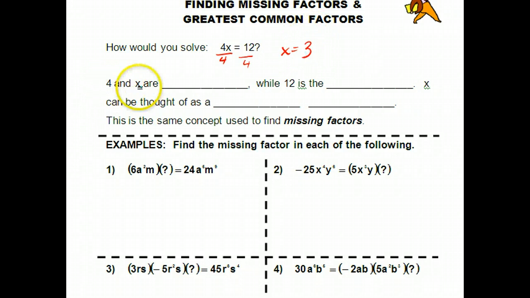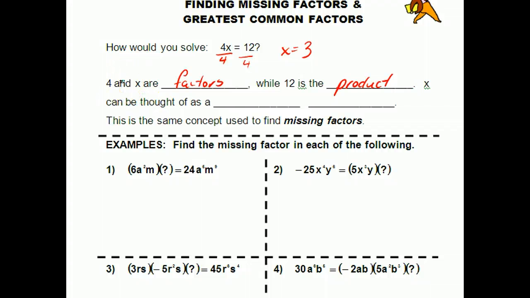Now, 4 and x are called factors of 12, and 12 is the product. So the two numbers that multiply, 4 and x, to give us 12 are the factors, and that 12 is the product of these two numbers.